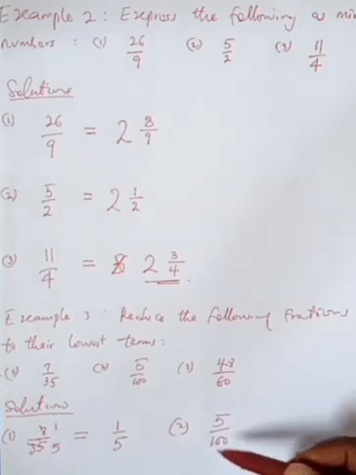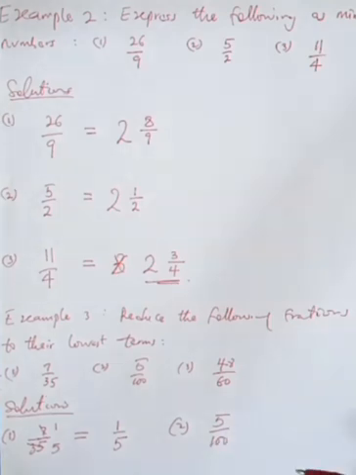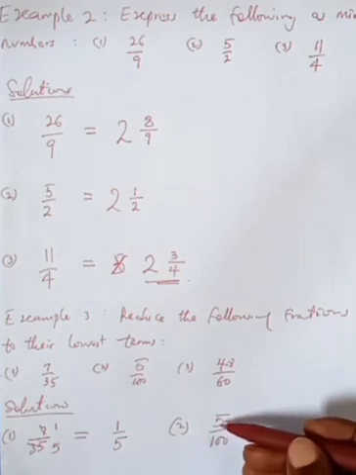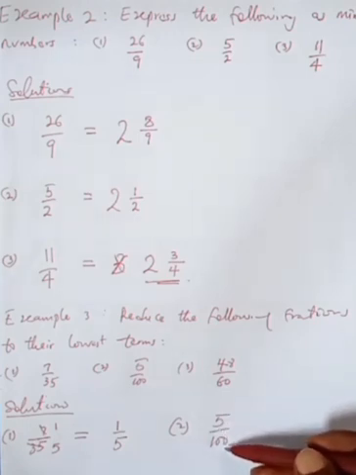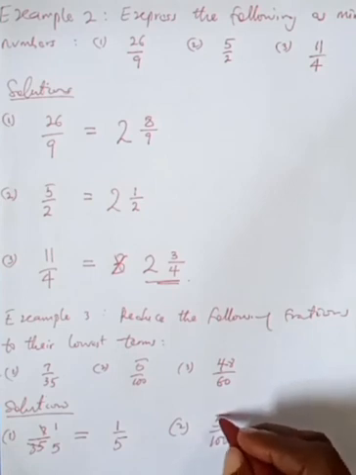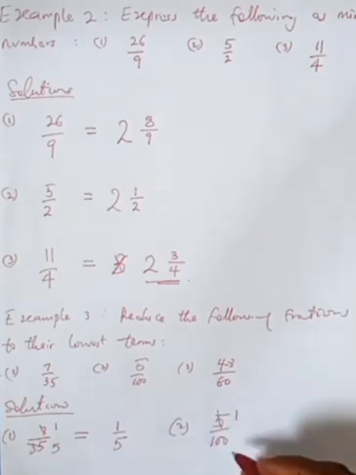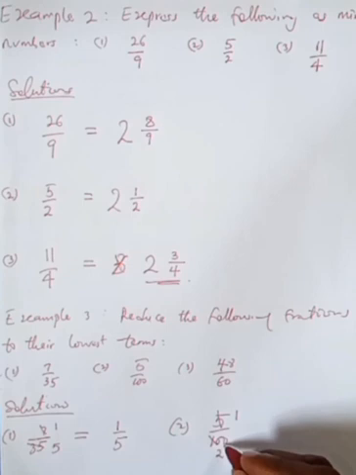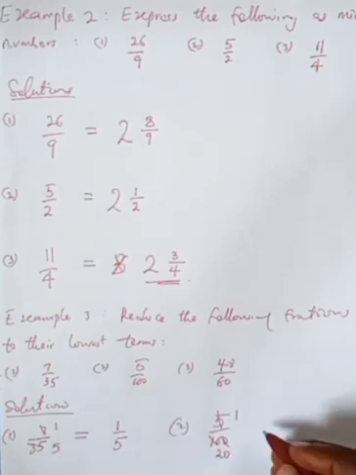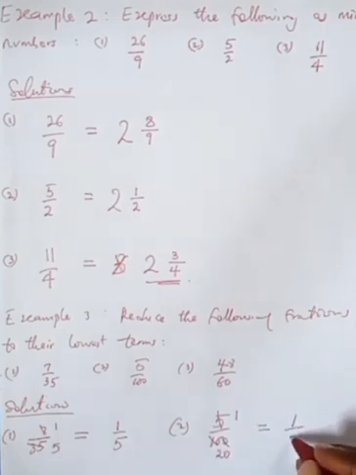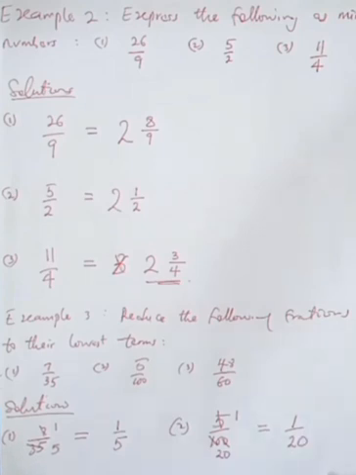So when we compare 5 to 100, we observe that 5 is common to both our numerator of 5 and the denominator of 100. So how many 5 can we get in 5? We know that is 1. 5 in 10 is 2, and 5 in 0 is 0. So the result that gives is 1 over 20. So 5 over 100 in its lowest term can be written as 1 over 20.